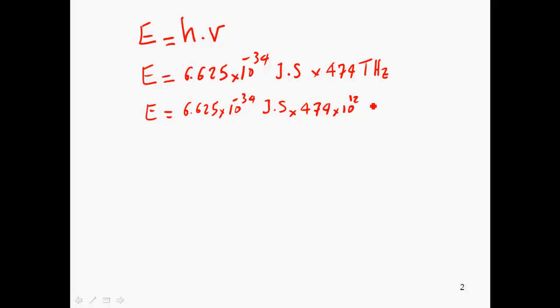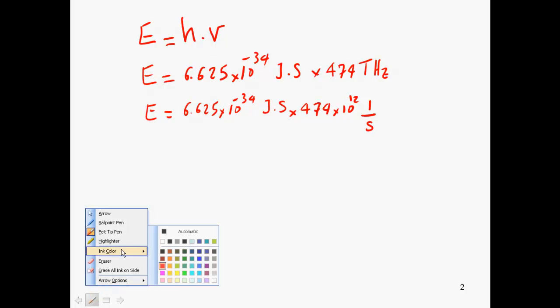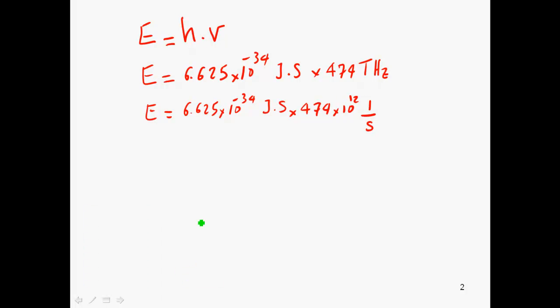Now hertz, it's 1 over second. Okay? And now I'm going to get fancy again. I'm going to use a different color. This second with that second cancel out. So my answer is going to be in joules. And the answer is going to be this number multiplied by this number and in joules.